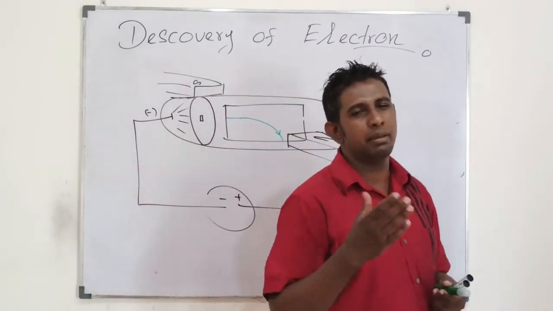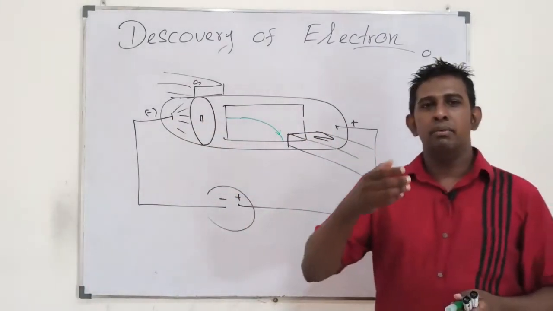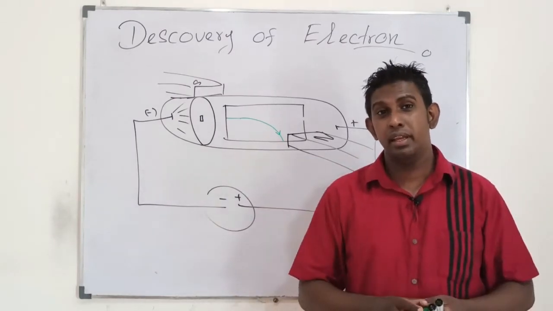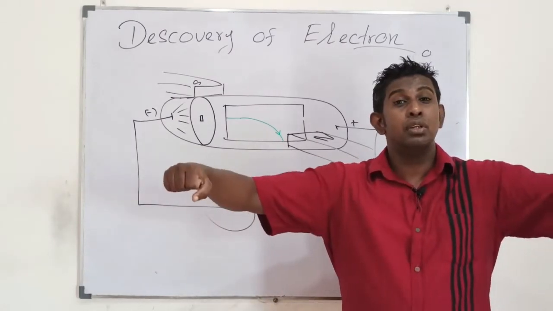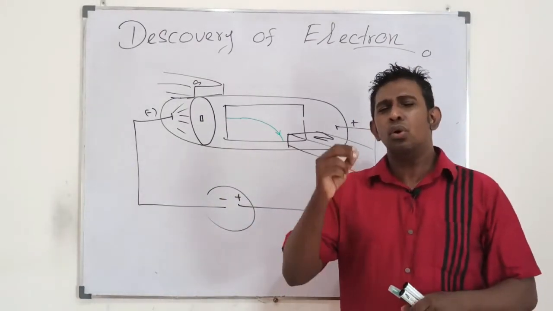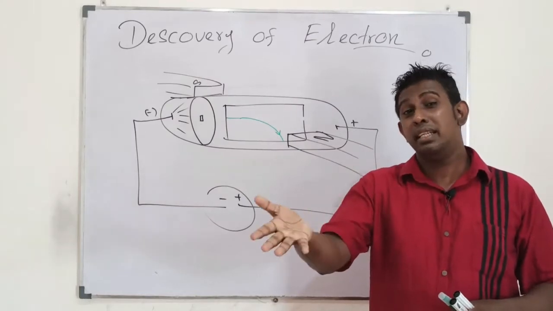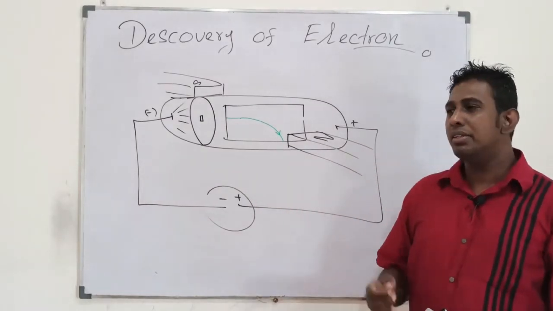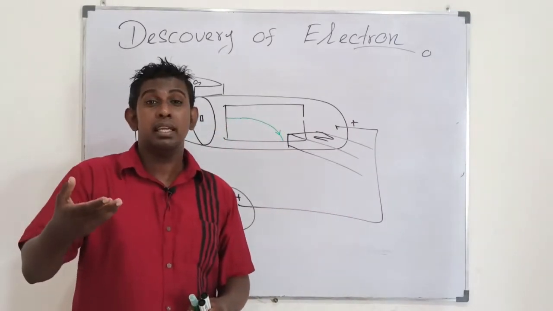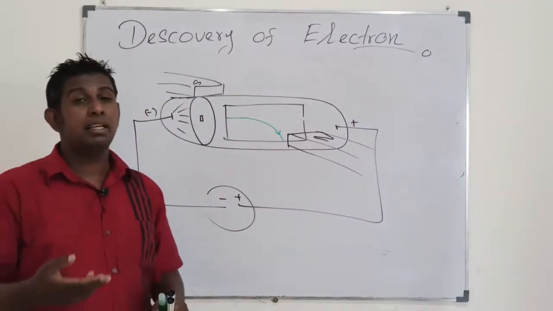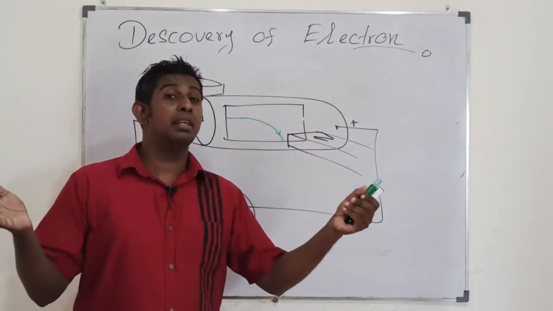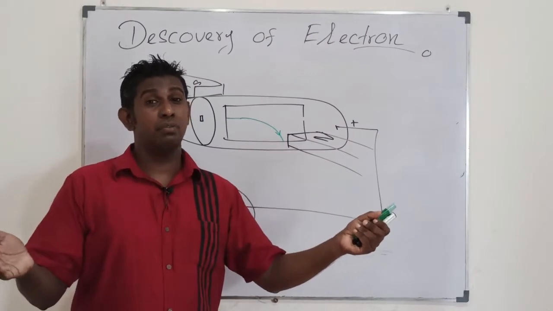Again, the experiment was: when a beam of cathode rays is exposed to a perpendicular magnetic field, those cathode rays deviated from their path and traveled deviating perpendicularly to the magnetic field, in the direction where negatively charged rays would travel.